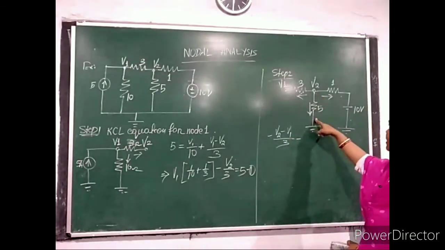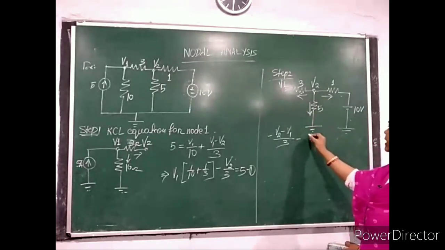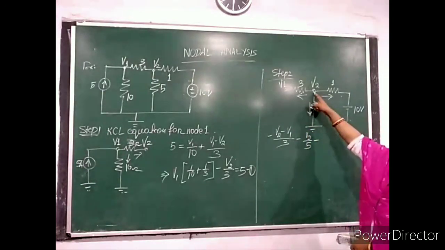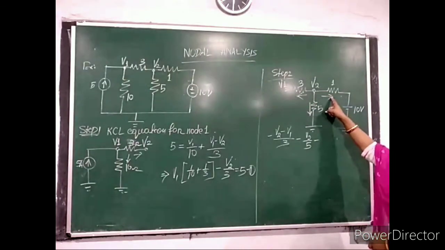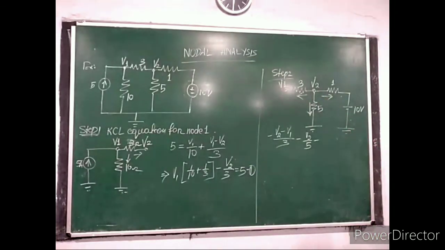Across 5 ohm the voltage is V2 and the current is V2 by 5. Then this current is the potential difference between these 2 points divided by its resistance.